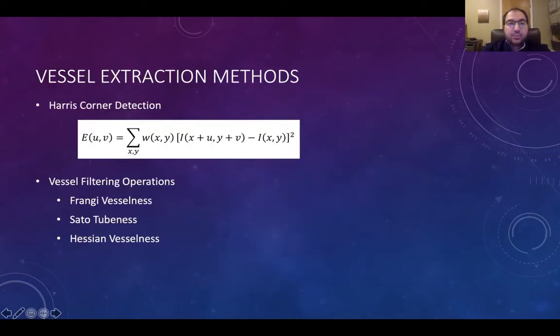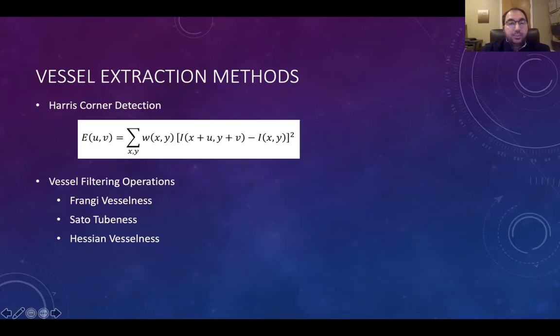The vessel extraction methods that I've used are Harris corner detection. So what is Harris corner detection? In Harris corner detection, by shifting an image by some specified amount U and V, we compare how much that shift changes the image compared to the original image.